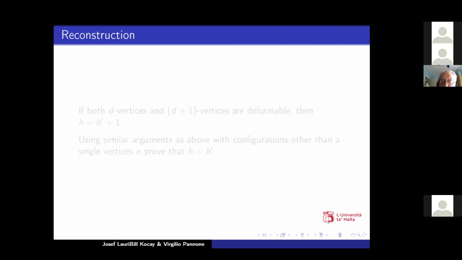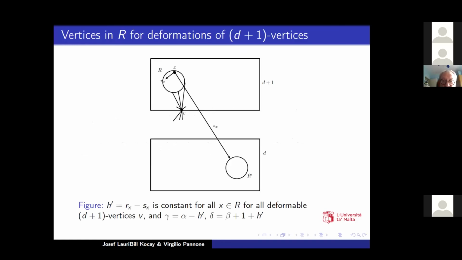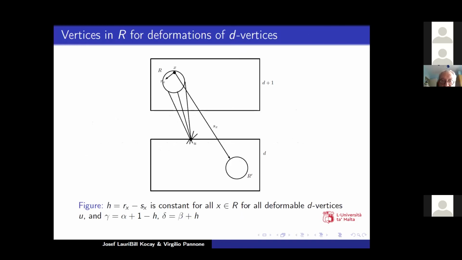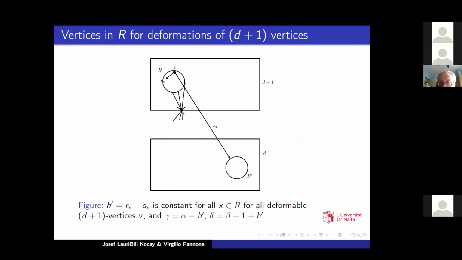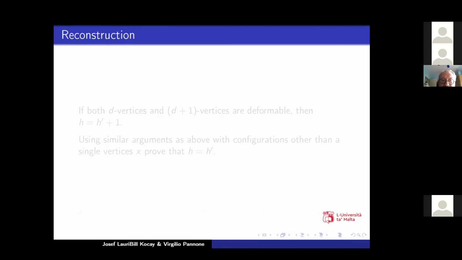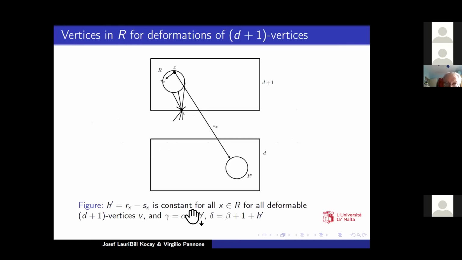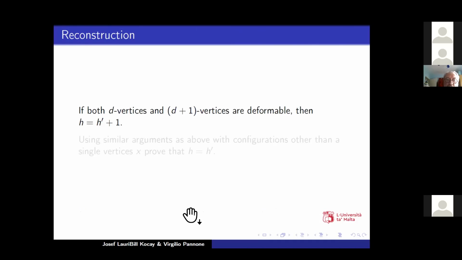Now, why does this give us reconstruction? Because if there is no reconstruction, then this must happen, and this must happen for all D vertices and for all D+1 vertices. But in that case, by comparing this to this, with simple arithmetic, we can show that H equals H prime plus 1.